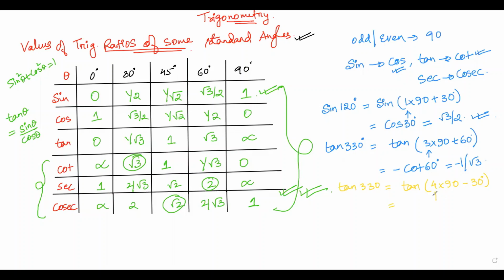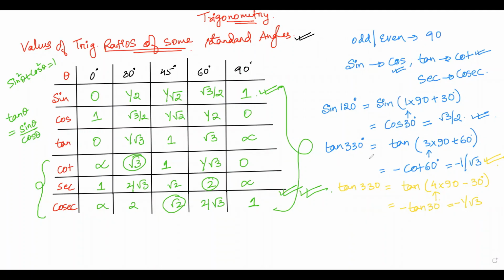Here, it's an even multiple of 90, so tan would remain as tan, and the angle here is 30, so this would be tan 30. And 330 lies in the fourth quadrant, so this would be a negative sign. And from this table, we know tan 30 is 1 by root 3, so this would be minus 1 upon root 3, which is the same as when 330 is written as an odd multiple of 90 plus 60.